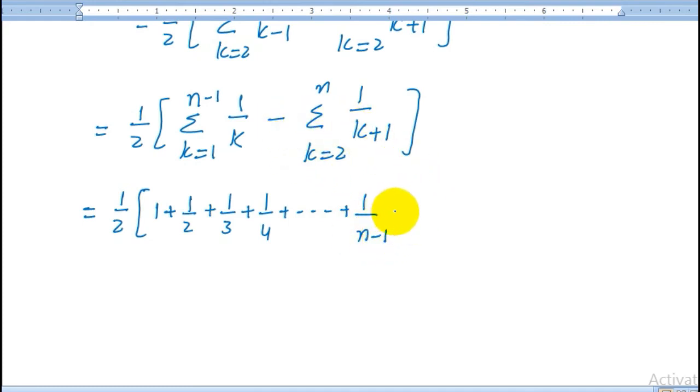The second series becomes, here k varies from 2 to n, so the first term is minus 1 upon 3, minus 1 upon 4, and so on. Here the last term becomes minus 1 upon n plus 1. The second last term becomes minus 1 upon n, and the third last term is minus 1 upon n minus 1.